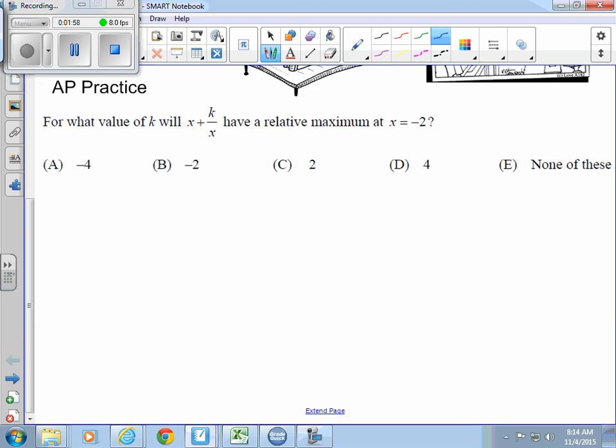So, the derivative of x is 1. I highly recommend a rewrite on this. You don't have to, but wouldn't you rather do the derivative of that than k over x with quotient rule? So the derivative is 1 minus kx to the -2. I'm going to plug -2 in for x. Am I going too fast?